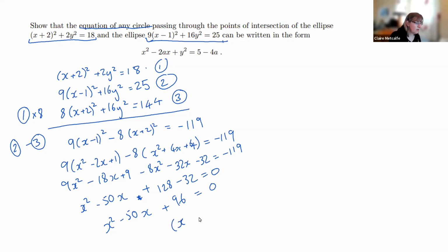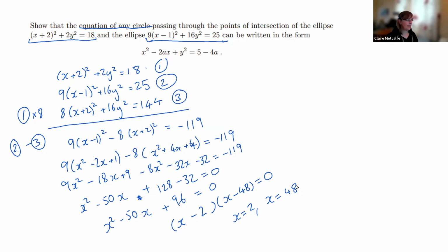Okay, you can use the quadratic formula if you want to, but this one actually factorizes. We're looking for 2 numbers that multiply to give me 96 and add to give me negative 50. These turn out to be minus 2 and minus 48. So we have x equals 2 or x equals 48.